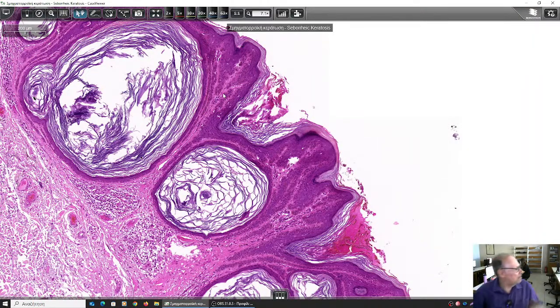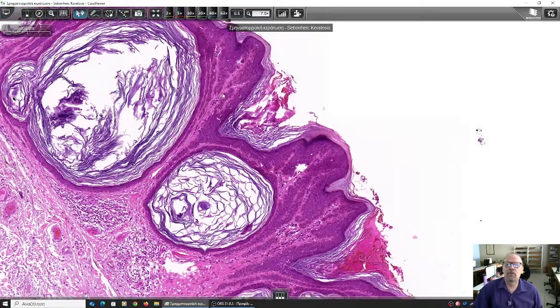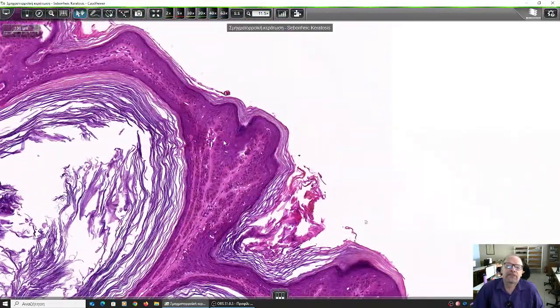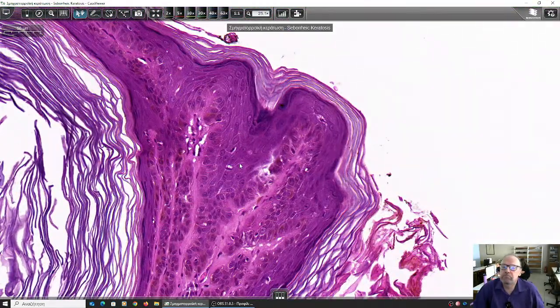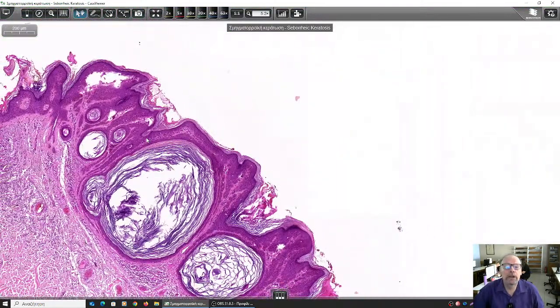So, this is benign because it is composed of cells of the epidermis showing no nuclear pleomorphism, no signs of atypia. So, how do we call the benign neoplasm with a papillary configuration? This is a papilloma.